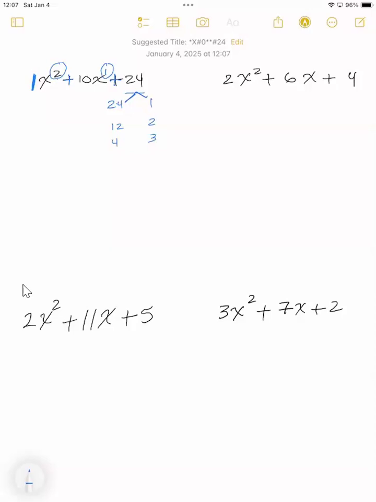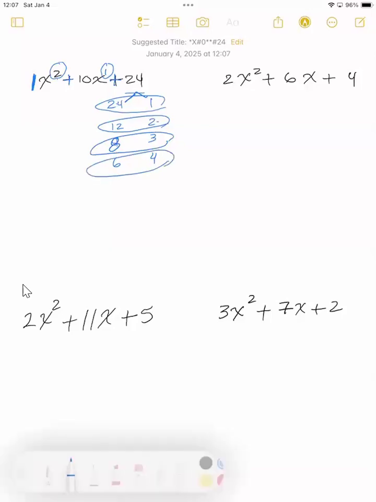And what else? To get 24, not 3 times 4, I'm sorry, 3 times 8, or 4 times 6. So these are the possibilities, right? If I multiply any of these two, I get 24. And then I add them to see which one is going to give me 10.